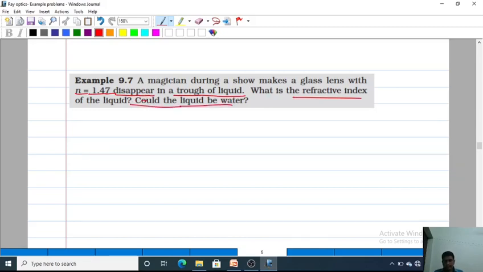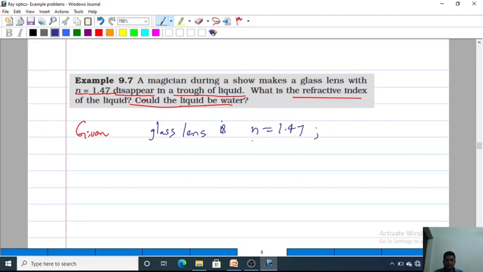Could the liquid be water? Okay, so here given that the refractive index of our glass lens is n equals 1.47. It disappeared in a liquid of some refractive index.